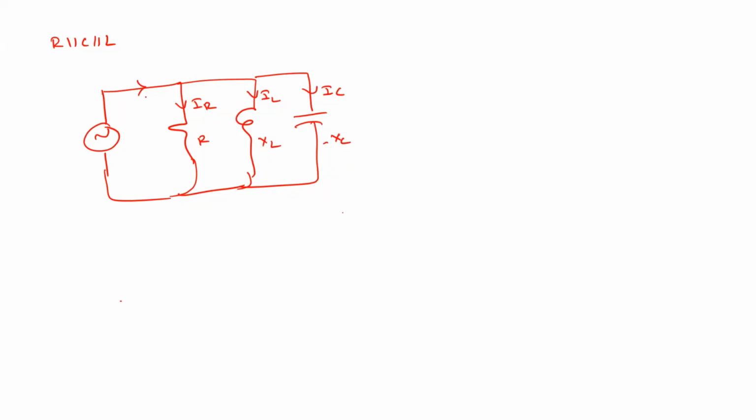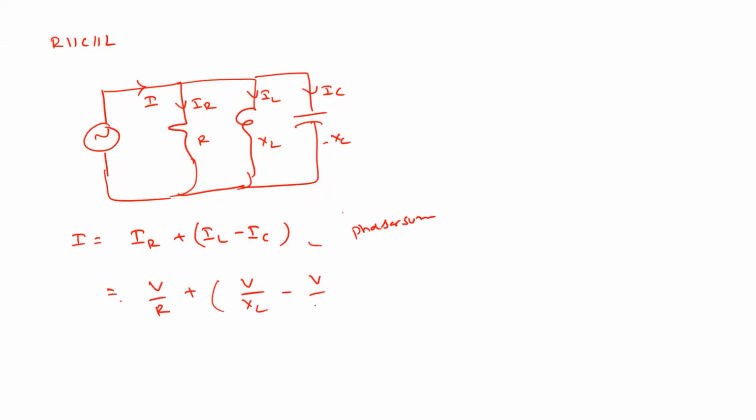And this is the total current I. So this total current I can be written as IR plus IL minus IC. So this entire thing is the phasor sum. So this will be V by R plus V by XL minus V by XC.